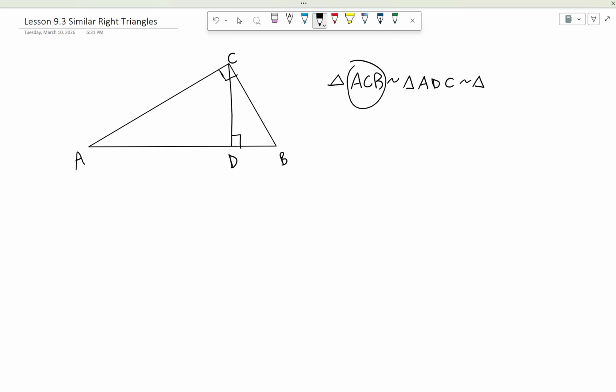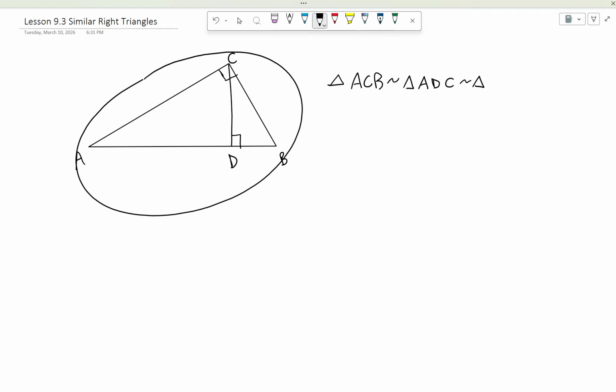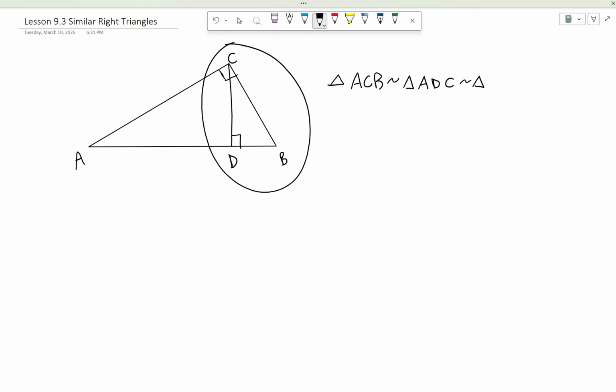AC was the long leg of this big triangle. So what's the long leg for CDB? It's CD, my long leg, and D is my right angle, the same way that I had for ADC. So D right here is the right angle in CDB.